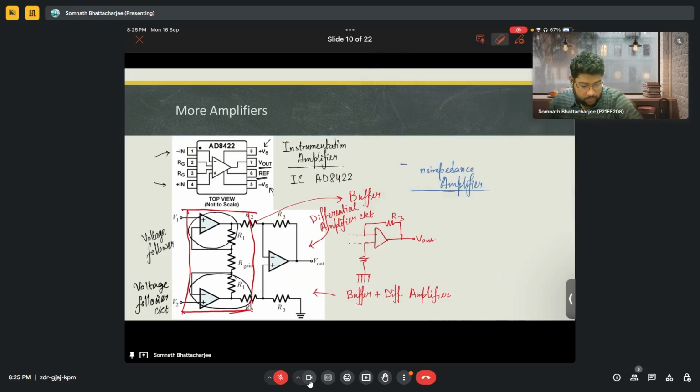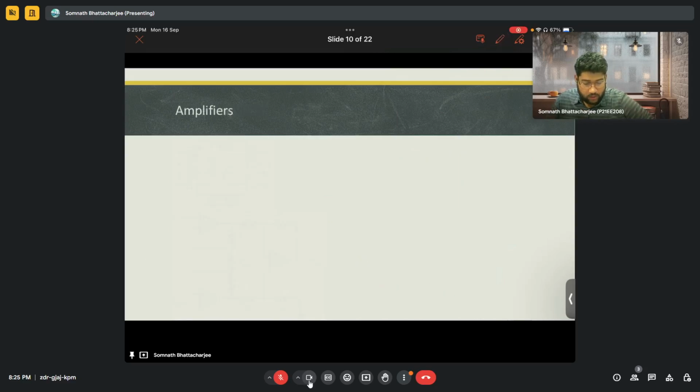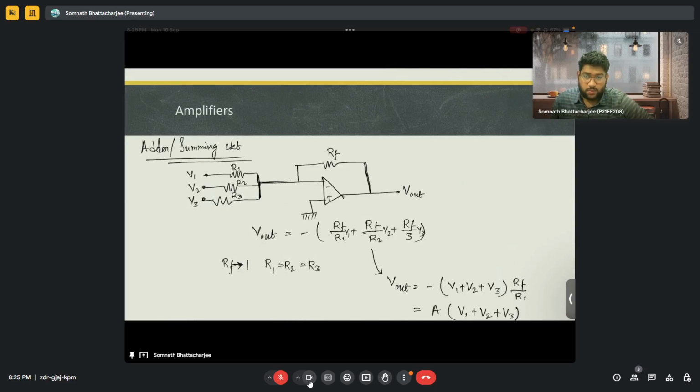This is an instrumentation amplifier. Oh, sorry, I have written this. Okay, never mind.